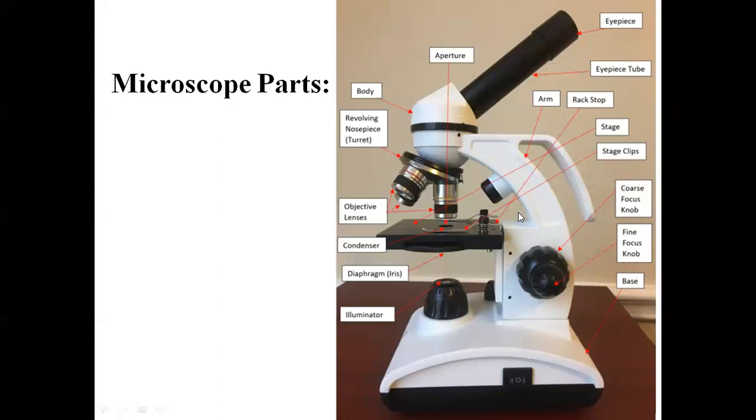Then what does the fine knob do? Once you have set your focus with the coarse knob, that means from the eyepiece you are able to see the sample clearly, but you still think some small adjustment is required. You can see the sample, but it is not very clear.